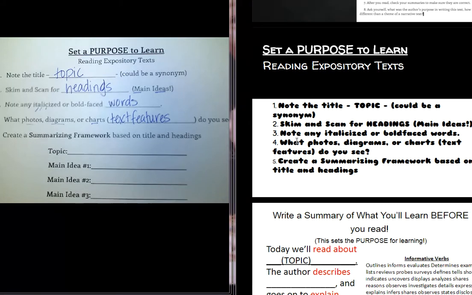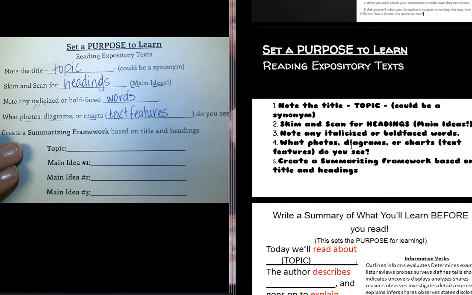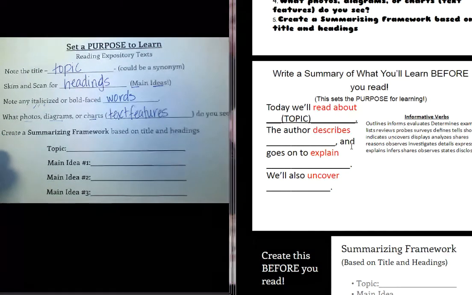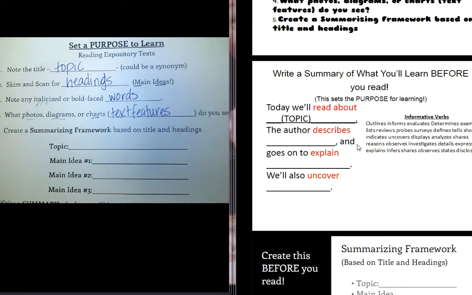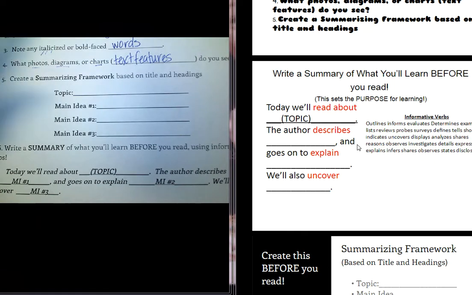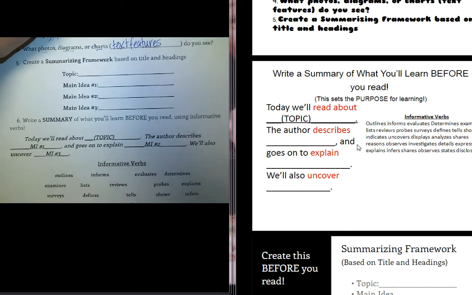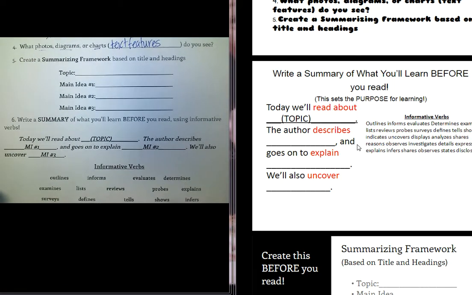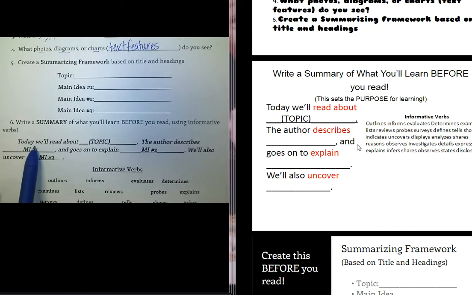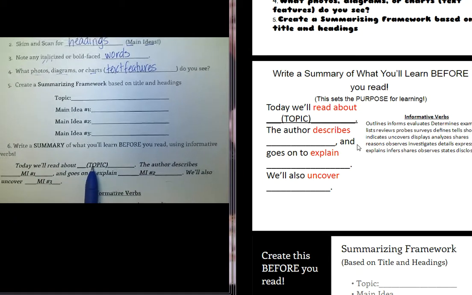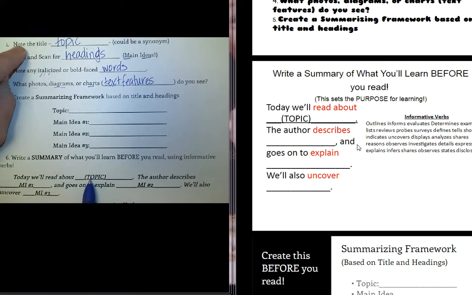After you create a summarizing framework, you're going to create an actual summary. This summary is going to be a little bit different than a summary of a narrative piece. This is an example. It's: today we will read about, and then there's your topic, your heading.